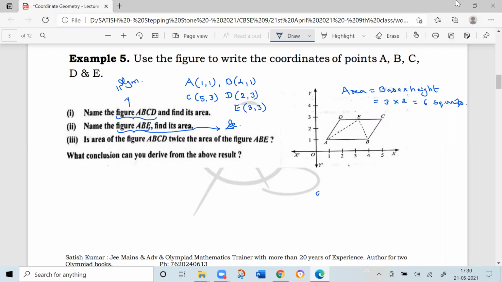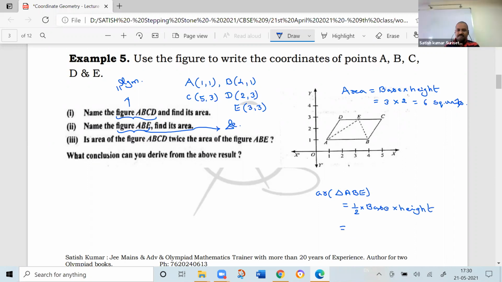The formula is half into base into height. Area of triangle ABE is half into base into height. The base length is the same, 3 units. And the height is also the same, 2 units. So the two gets cancelled. It will be 3 square units.